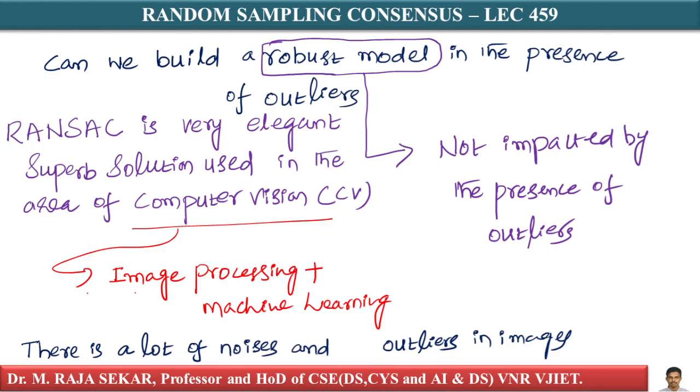So in a lot of real world problems in computer vision, RANSAC is a very popular algorithm. So let's try to understand this. Can we build a robust model in the presence of outliers?